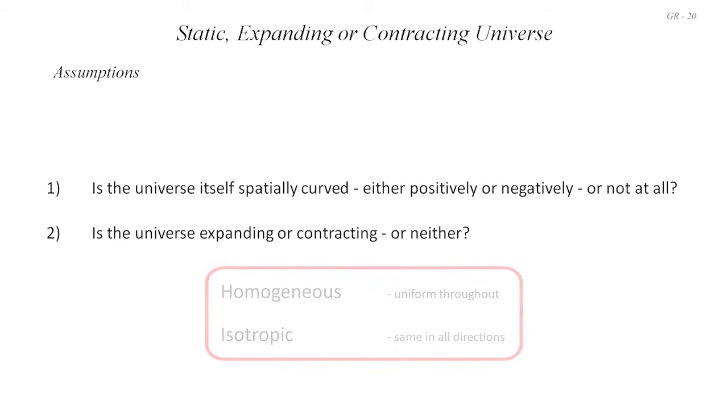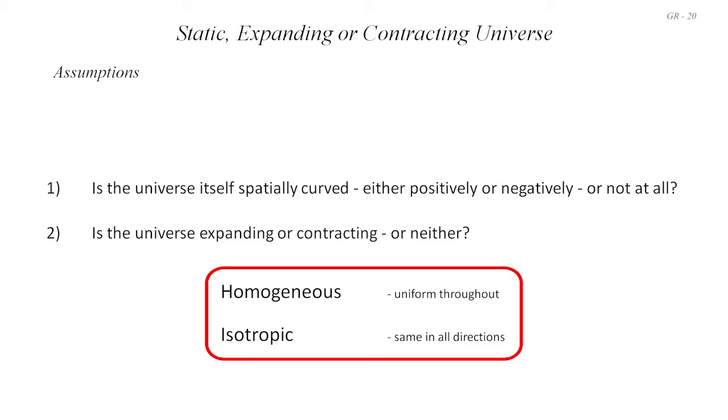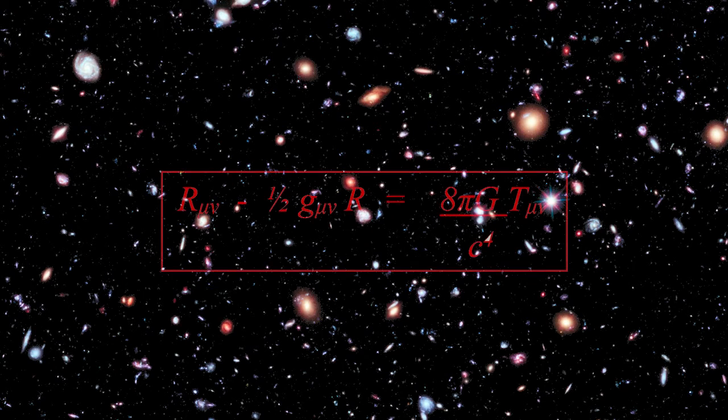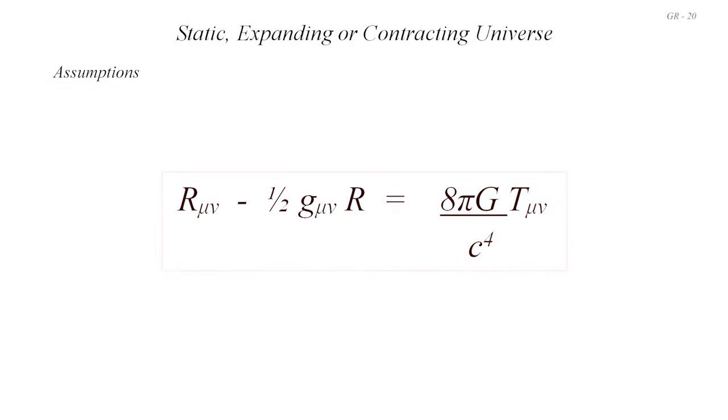So, given those two assumptions about being homogeneous and isotropic, how can we apply the bare Einstein equations to the whole of the universe? Well, in a way, there are two things that we need. We need to know something about the mass-energy side of things, not just mass, obviously. And also we need to know something about the geometry side of things.